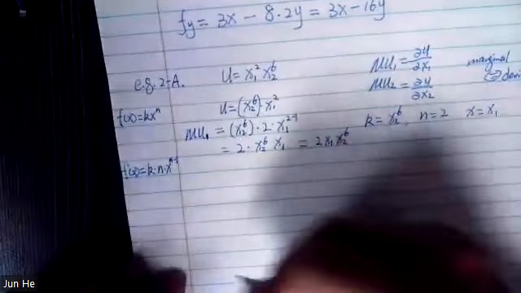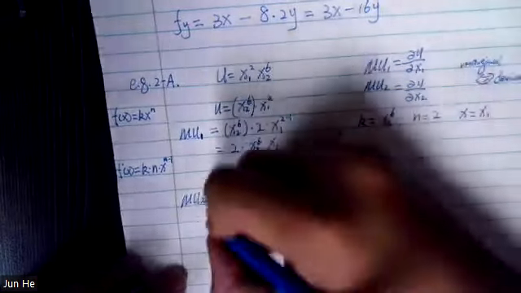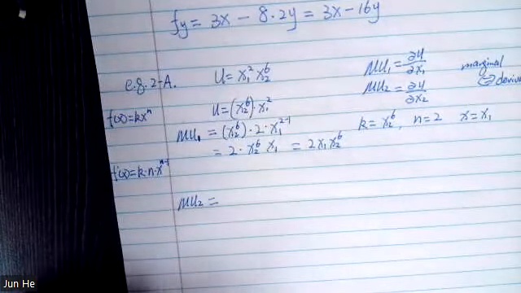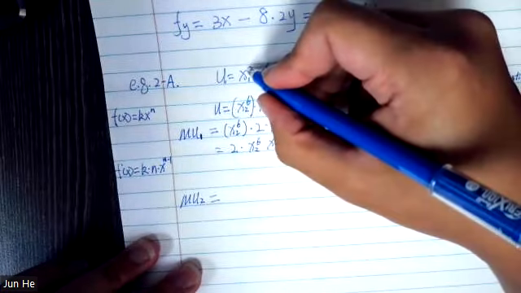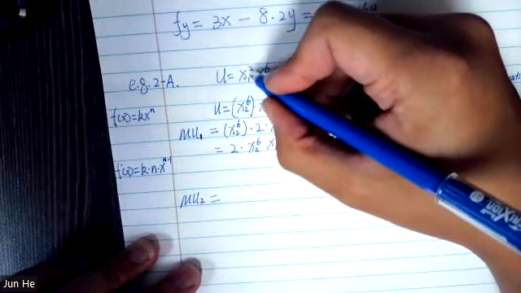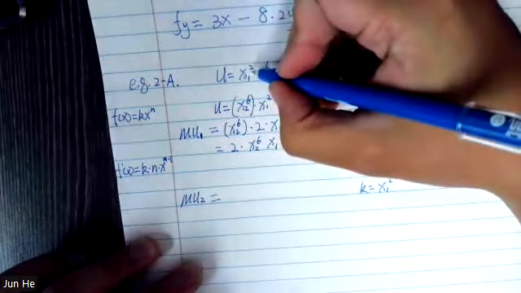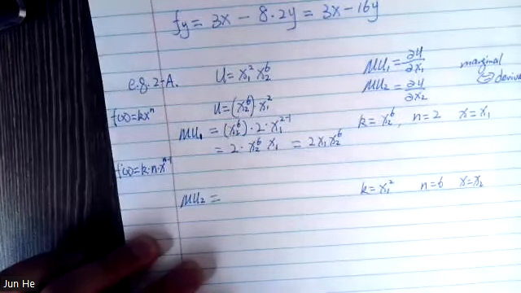So that's the marginal utility partialed on the first good, amount of first good consumed, and now marginal utility partialed on the second good consumed is, in that case, x1 squared is considered as the constant multiplier. N equals 6, x equals x2.